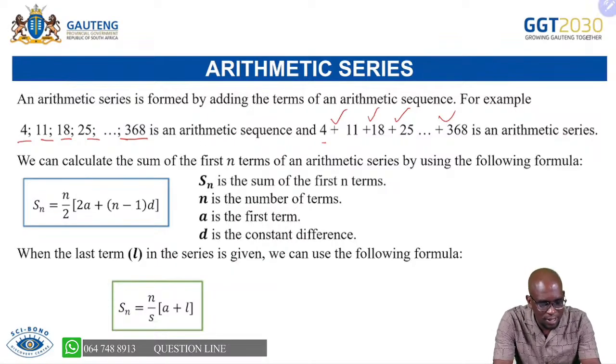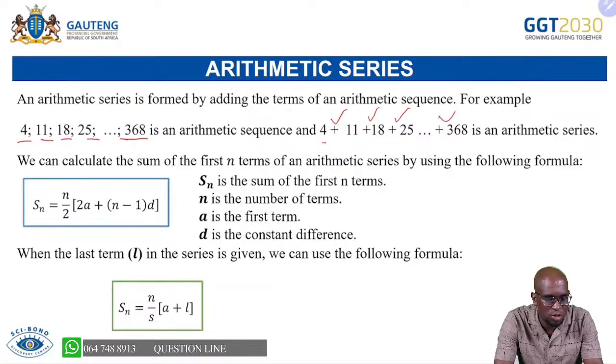Now, we can calculate the sum of the first n terms of an arithmetic series by using the formula Sn is equal to n over 2 into 2a plus n minus 1 d, where Sn represents the sum of the first n terms, n is the number of terms, a is the first term, and d is the constant difference.